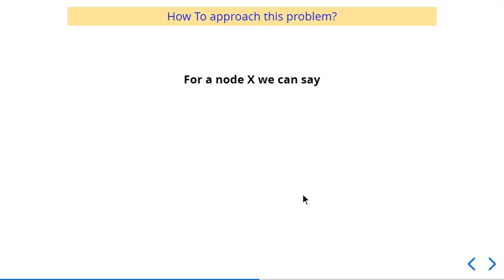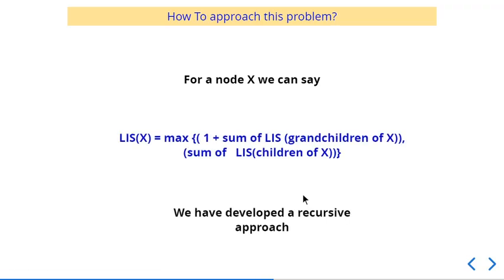So for a node x, हम क्या कह सकते हैं एक particular node x के लिए कि the largest independent set of a particular node x is the maximum of 1 plus the sum of the LIS, the largest independent set of the grandchildren of x, comma, the sum of the largest independent set of the children of x. So what is this formula that we have developed?